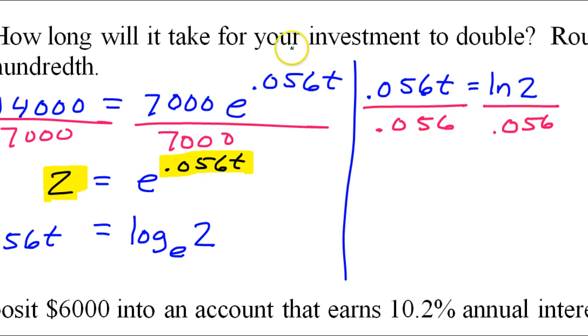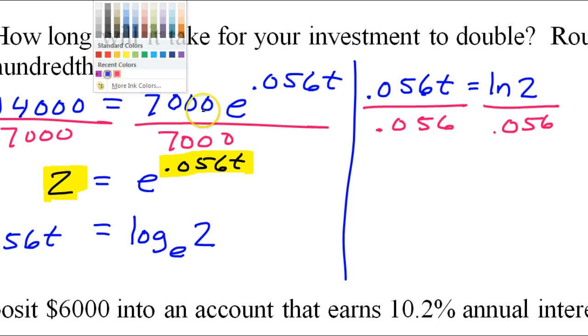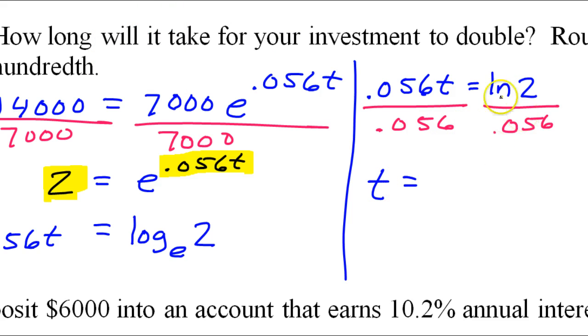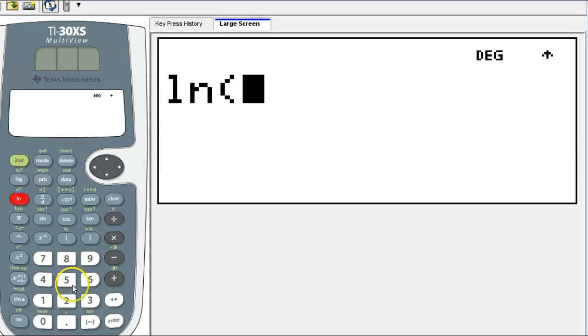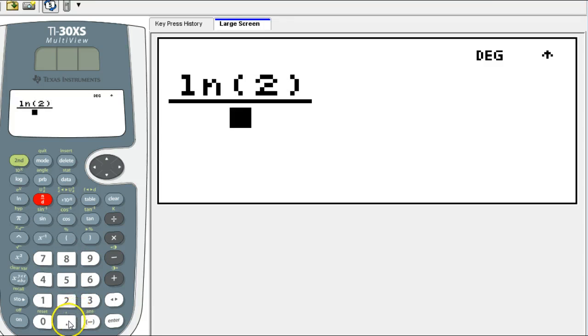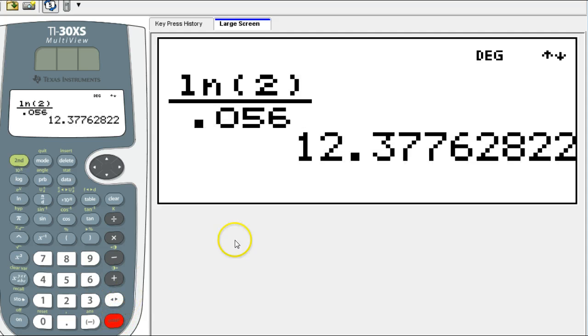And there you go. Just put that in your calculator: natural log 2 over 0.056. So that is 12.38.